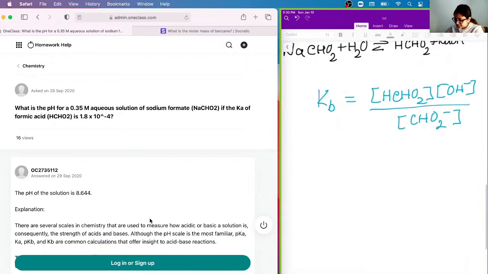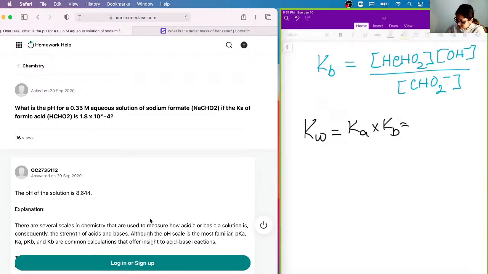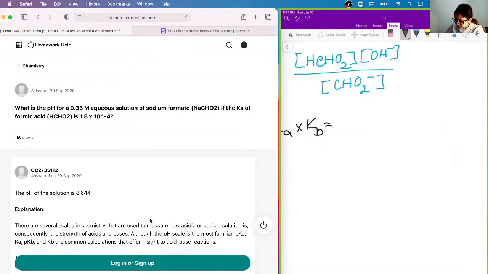Back to our Kw expression, we can now multiply Ka and Kb to get our water dissociation constant. Kw, as you guys know, is Ka times Kb. Let's multiply these two out.